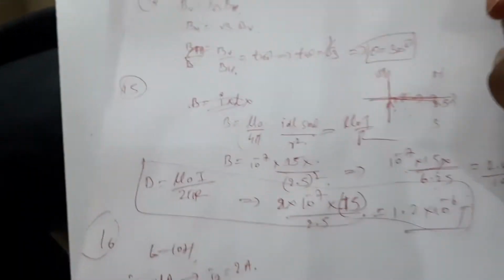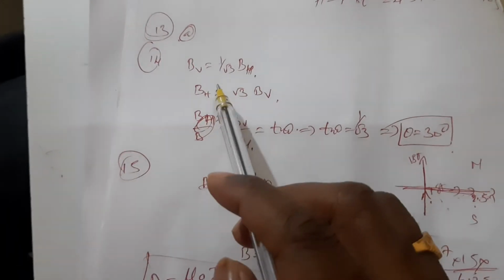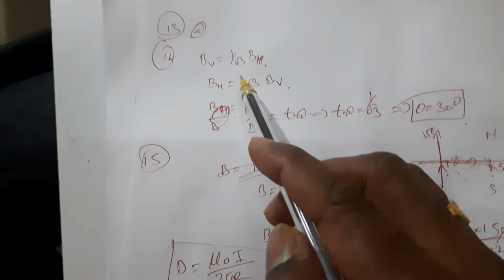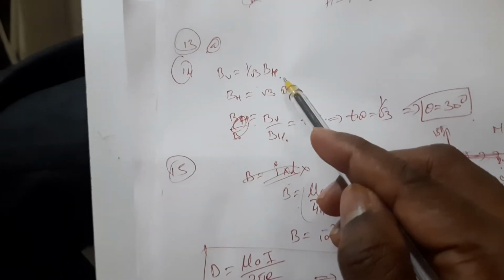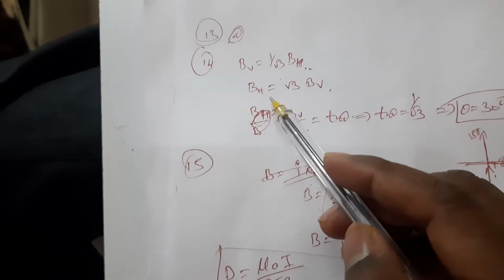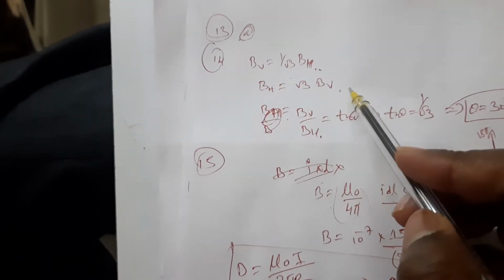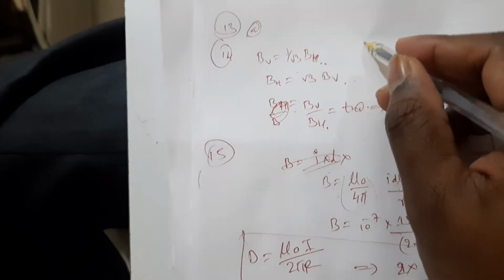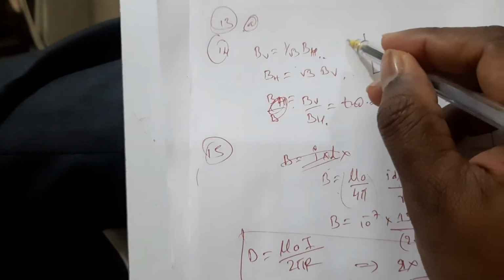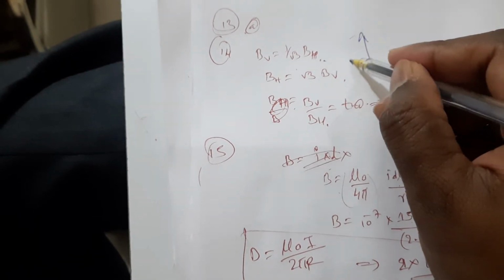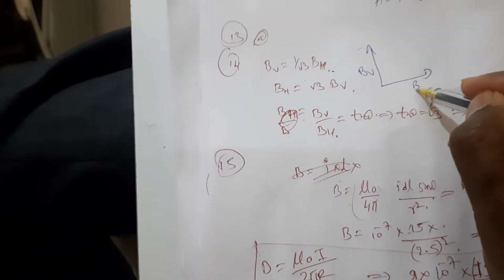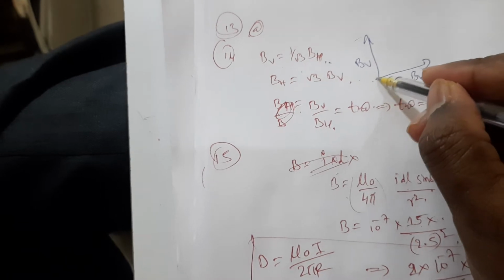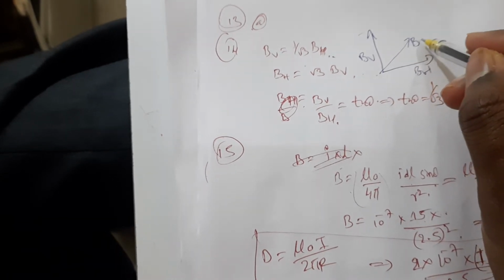That means the vertical component is BV, right? BV equal to 1 by root 3 times BH, where BH is the horizontal component. We know the basic formula, BH equal to root 3 times BV also. BH, when you are writing, is a magnetic field vector.